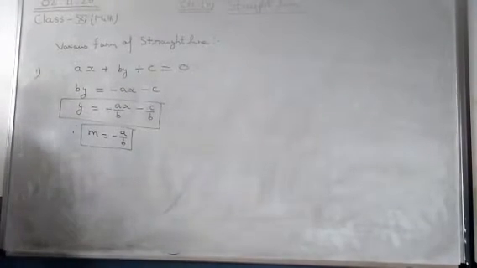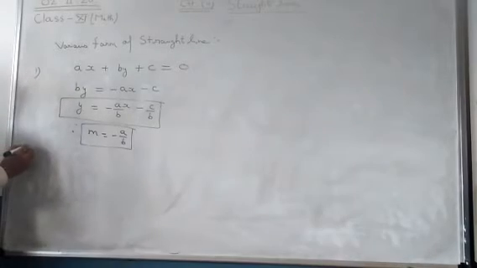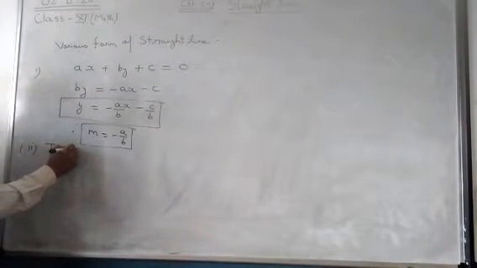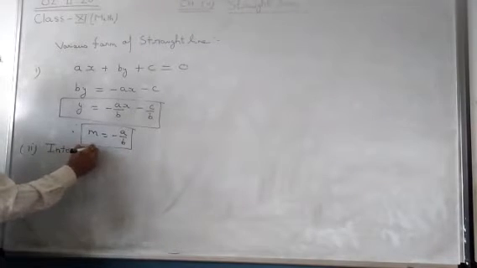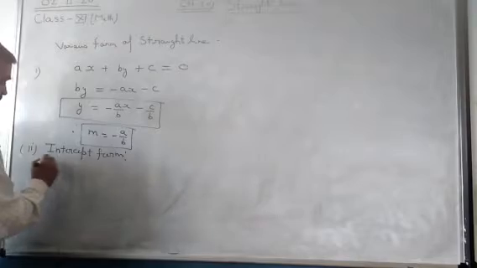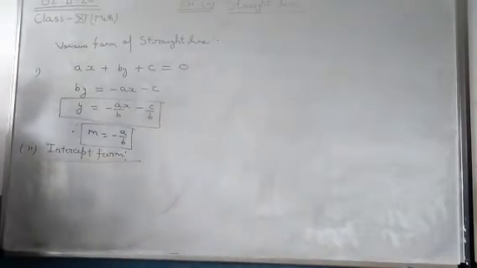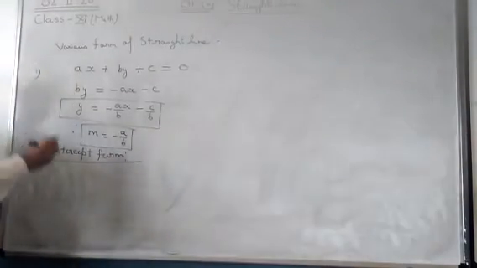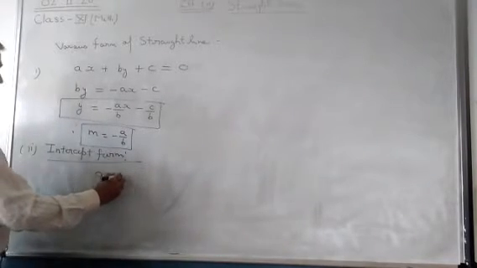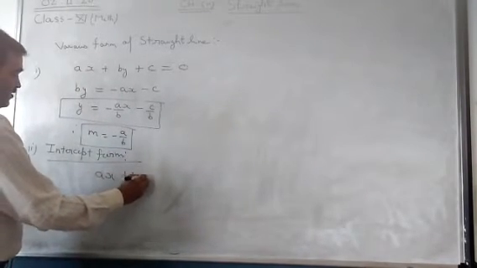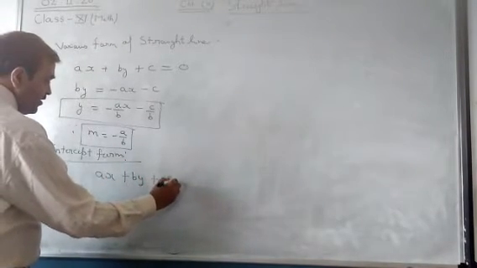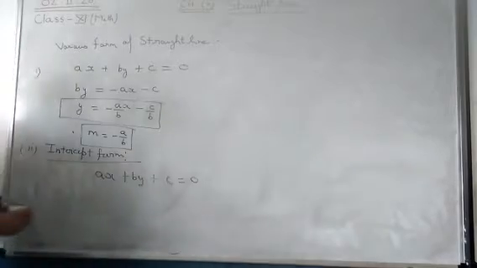Second, intercept form. The general equation is ax plus by plus c is equal to 0.